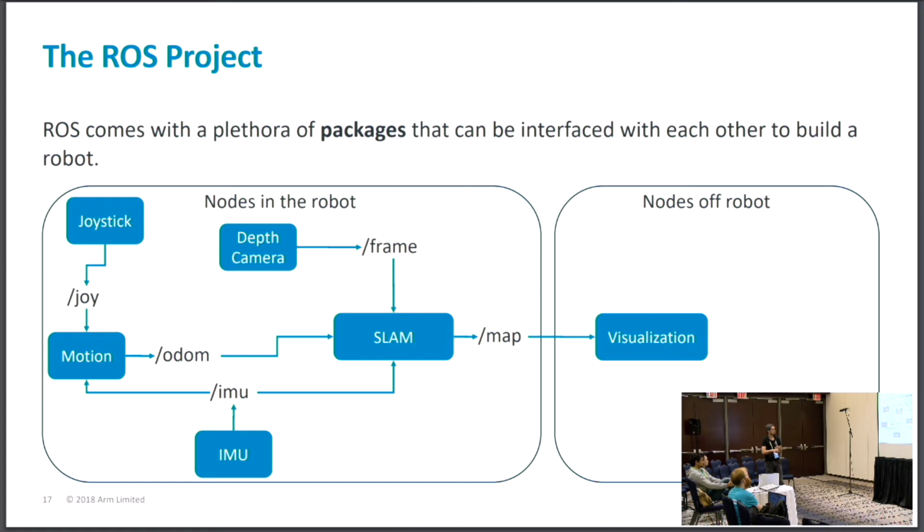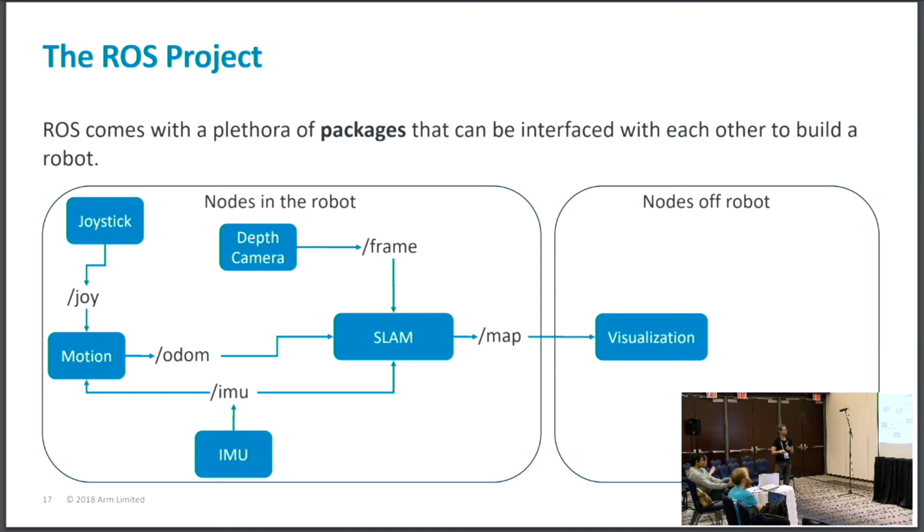In this case, the motion package is subscribed to those inputs. And then it does all the movement of the robot based on the position of the robot, and it can output what the speed and the direction are that the robot is going.